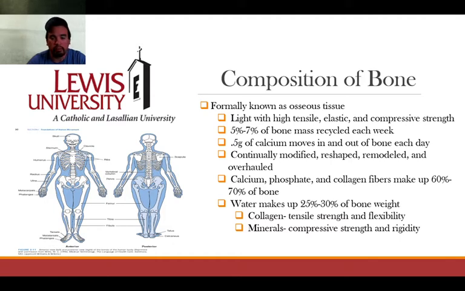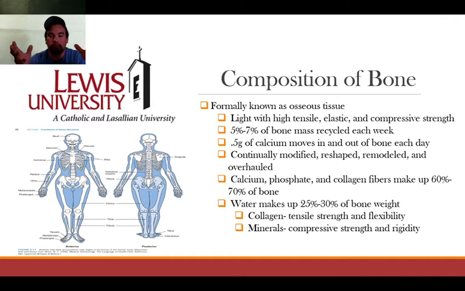And then water makes up about 25 to 30% of our bone weight as well. So inside that bone marrow, I don't know if you guys have ever fine dined. I haven't, because it just doesn't sound appealing. But people say it's delicious. But eating the bone marrow of cows, I know that in cooking stocks we use bones a lot, because all that fat and water comes out of the bone, right? So if we're dehydrated, what does that do to our bone as well?